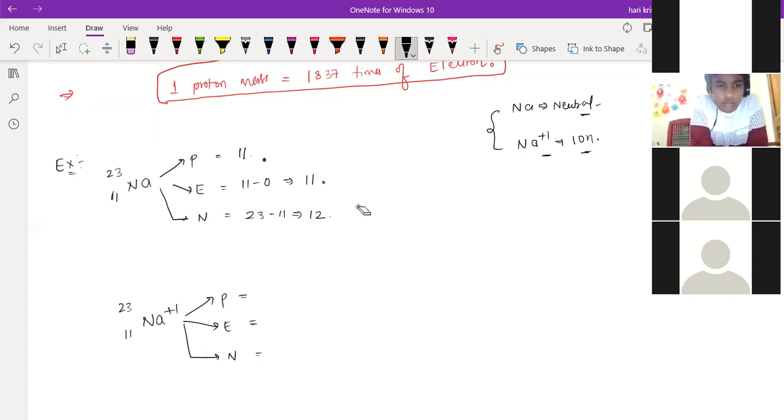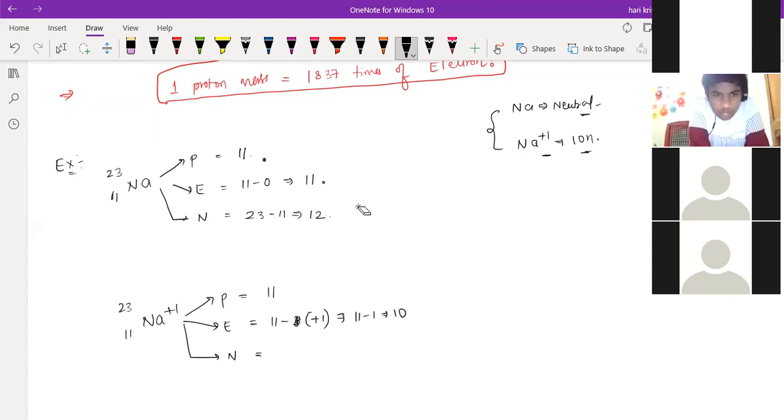Neutrons will be 11, electrons will be 10, and protons will be 11. What is the proton count? Sir, 11. Electron 10, 11 minus 1, because the charge is plus 1, you can take it as 11 minus plus 1 equal to 11 minus 1 equal to 10.